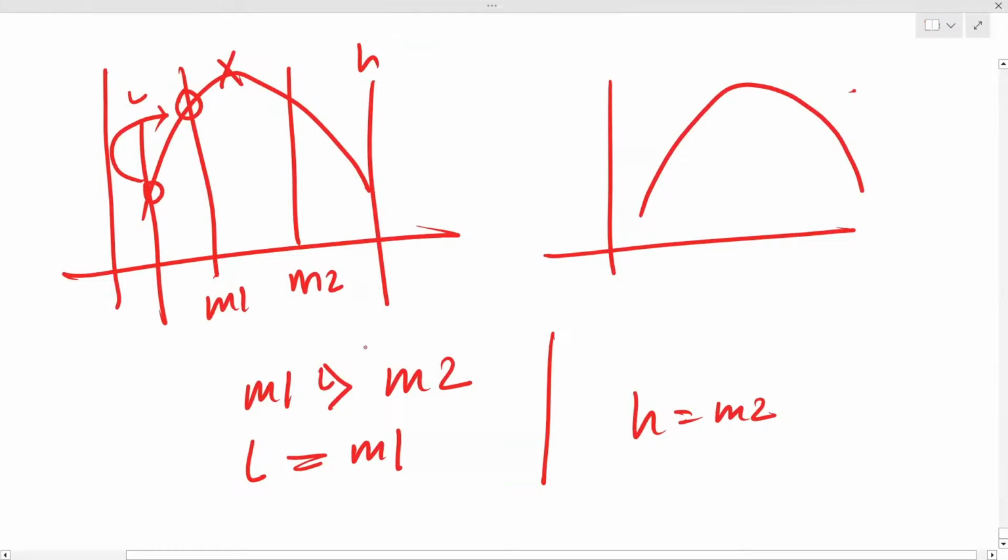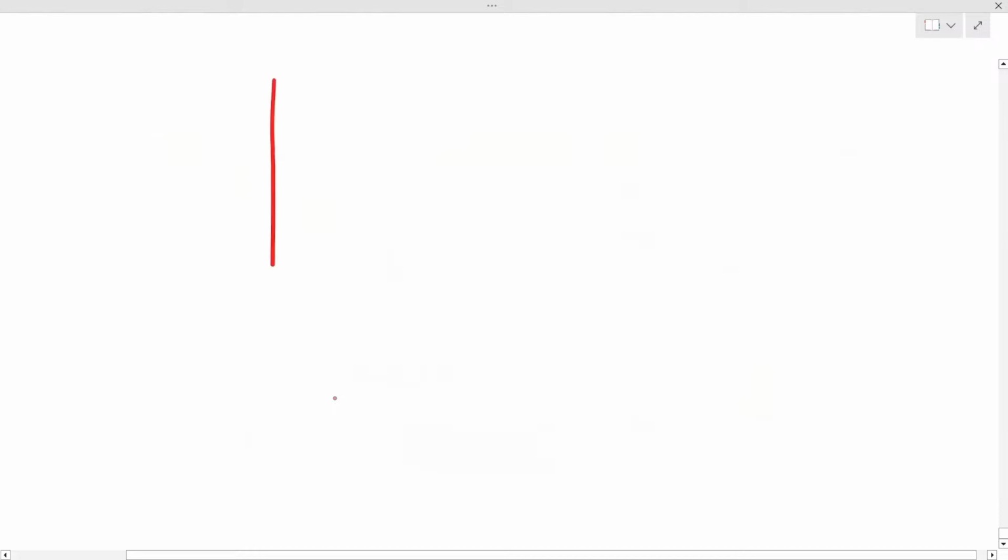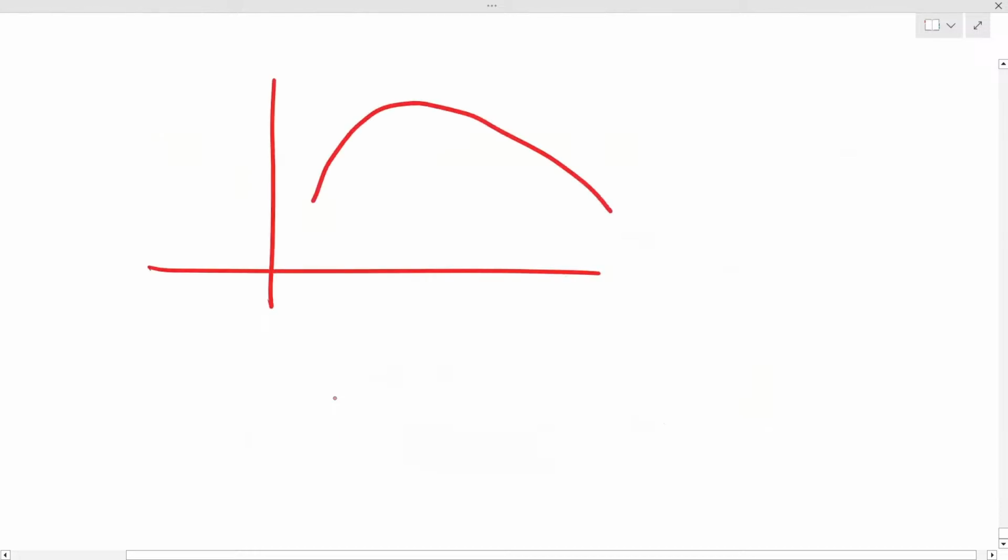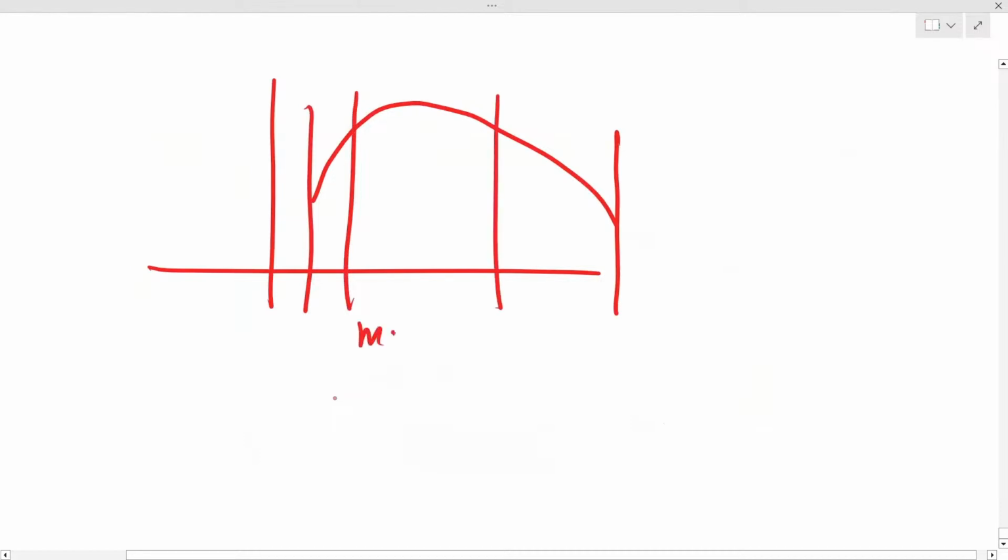In this case, if M1 is less than M2, then this thing. Otherwise, let's say I had something like this, M1 is this, M2 is this.